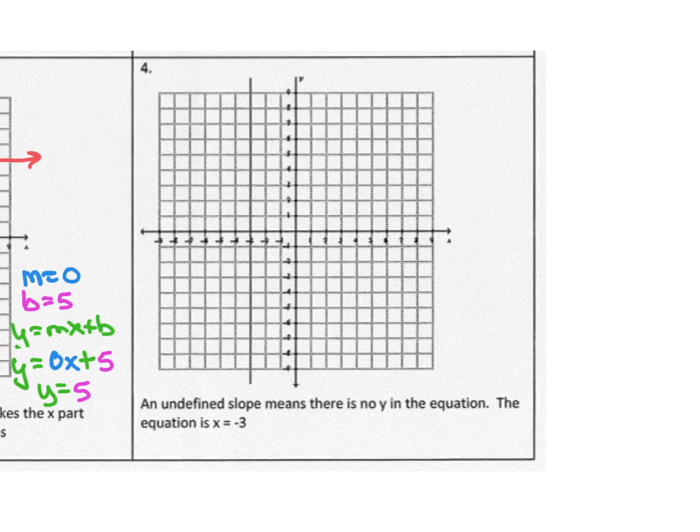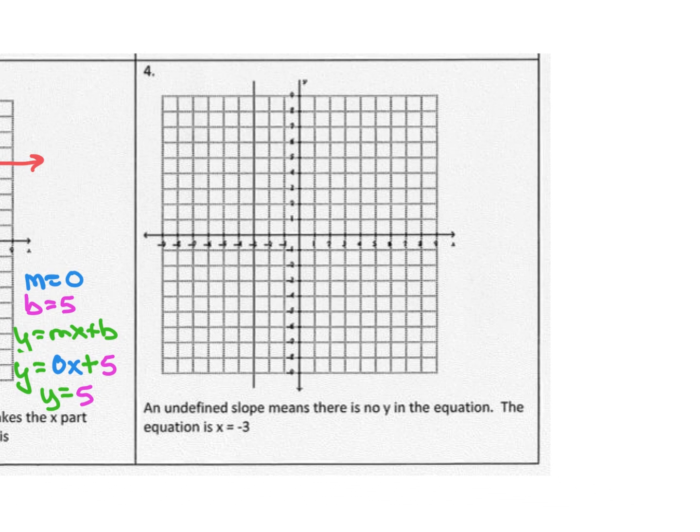All right, let's try number 4. Number 4 is a little bit different. This is an up and down, or vertical, line. And notice how this line does not cross the y-axis. It doesn't touch the y-axis. So we're not going to have a y equals mx plus b equation at all.